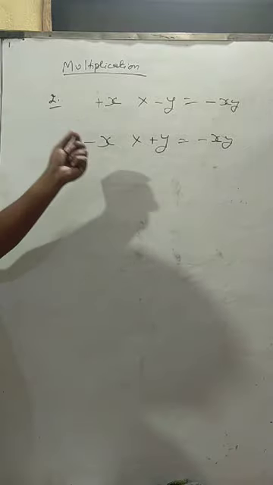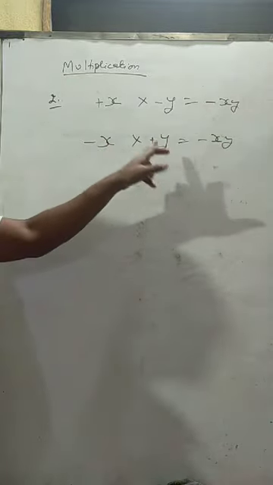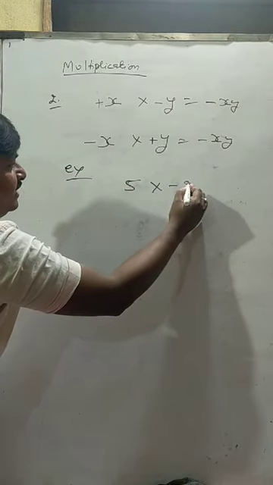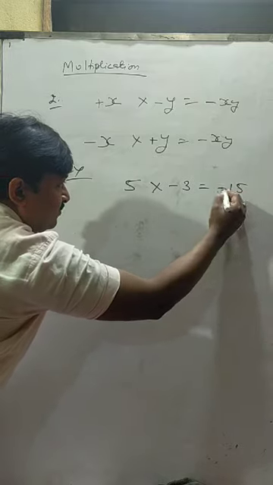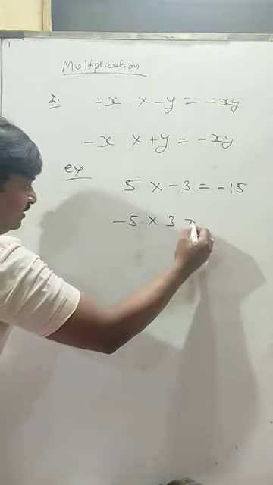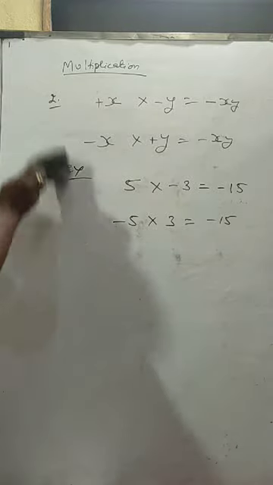It means the product of one positive and one negative integer will be negative, and the product of one negative and one positive integer will be negative. See the example. 5 into minus 3 is equal to minus 15. Again, minus 5 into 3 is also negative.